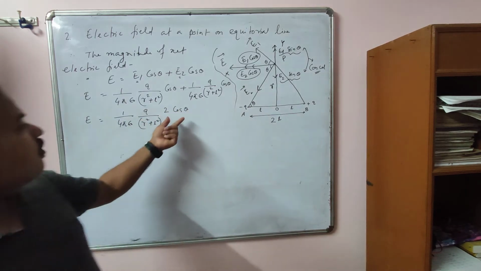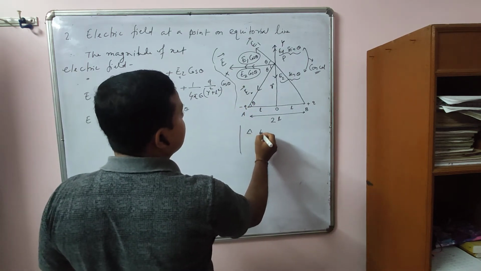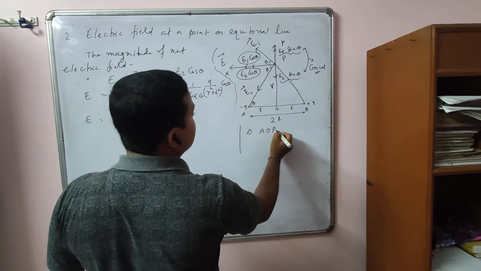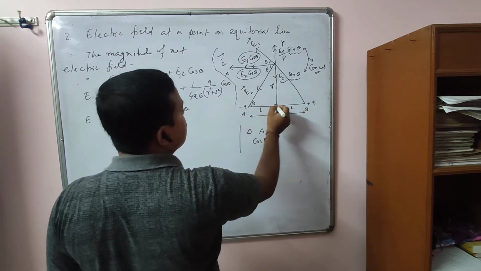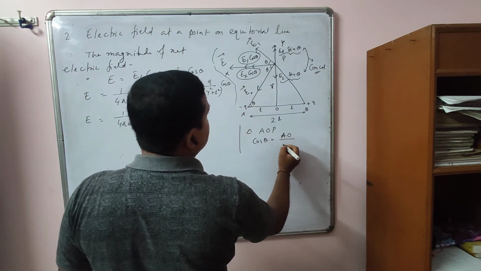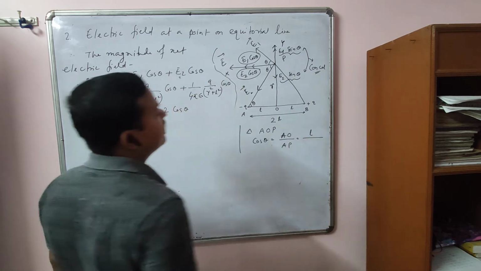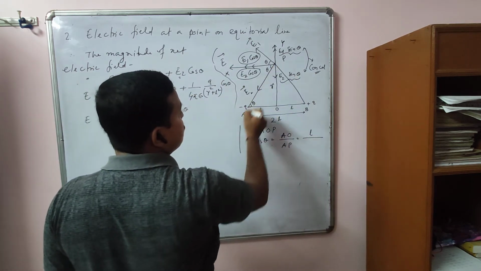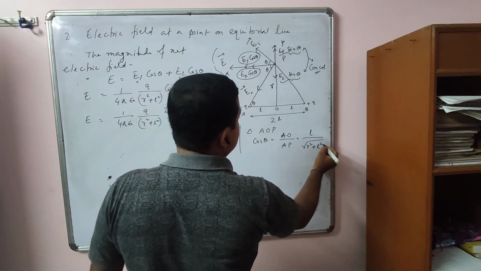Now we put the value of cos theta. Use this triangle AOP. Cos theta is base by hypotenuse, which is AO by AP. AO is l, and AP is root over r square plus l square.